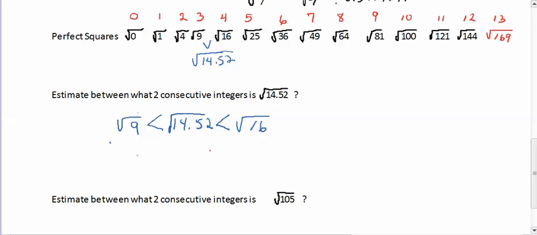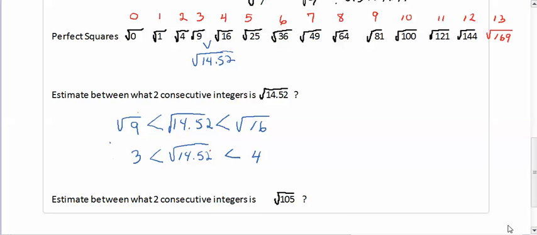So what's the square root of 9? 3. What's the square root of 16? 4. So it lies between, it's going to be greater than 3, but less than 4. So that's our answer.